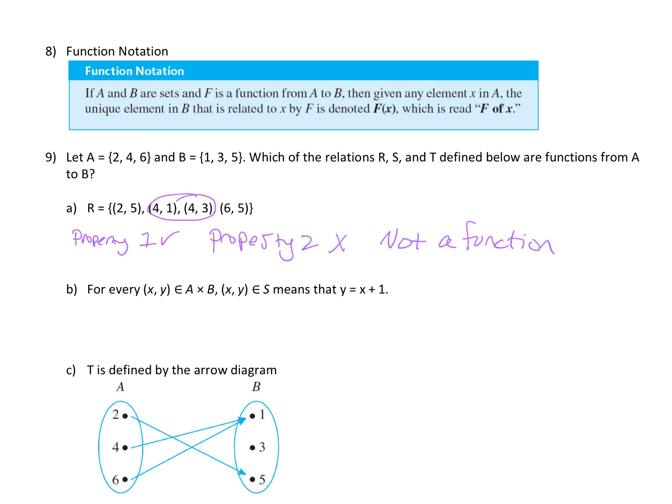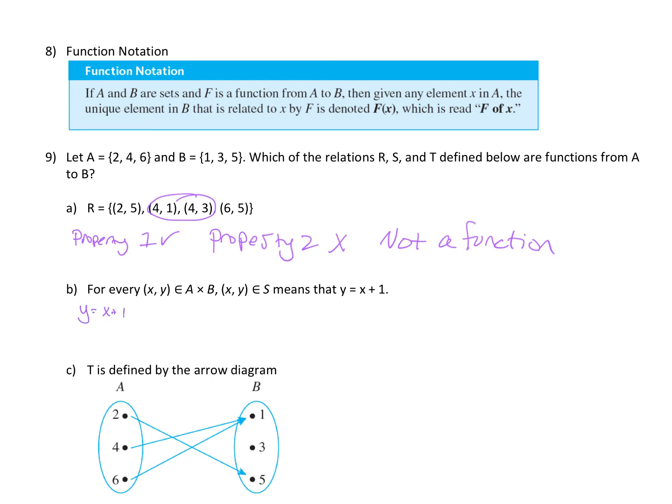Okay, for S, for every (x, y) in A cross B, (x, y) being in S means that y equals x plus 1. We're using the same A and B here. So y has to equal x plus 1.